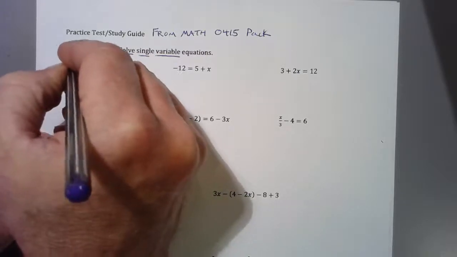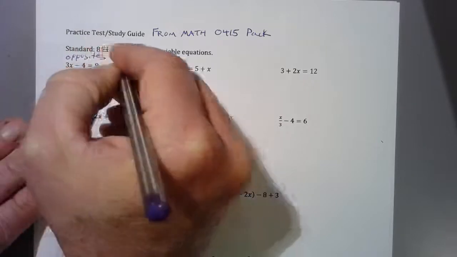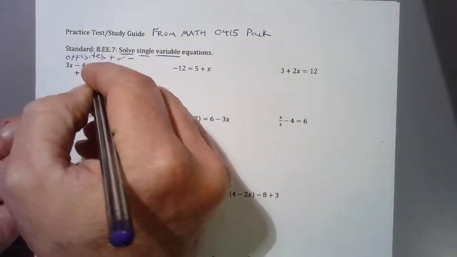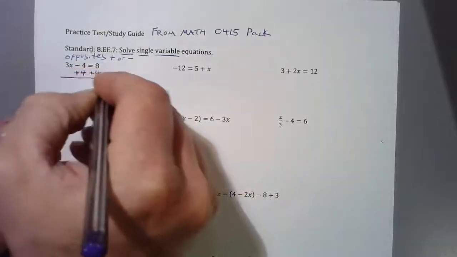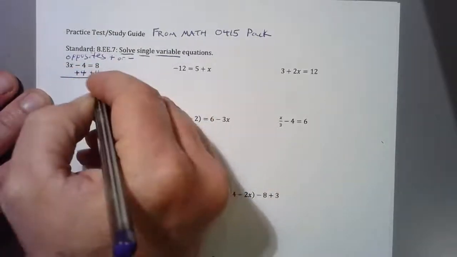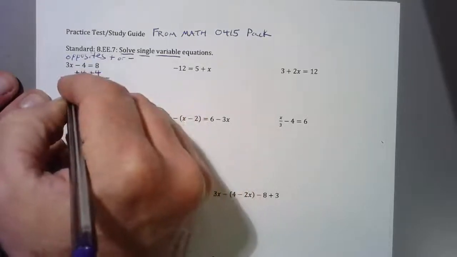Opposites, remember, we start the first step with opposites, which you might think of as adding or subtracting both sides. Bring down the equal sign, keep the stuff on the right, keep the stuff on the left.